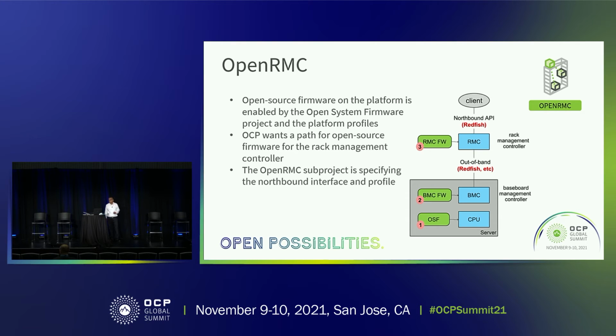We believe that we need a path to control everything at a rack level that would be OCP compliant, and OpenRMC is the project that does that. It is focused on specifying a northbound interface and an accompanying profile to go with that, as shown in the block diagram on the slide.